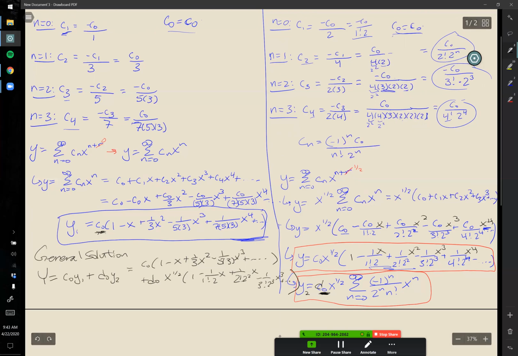I forgot the x's there, that was my fault, I was just jumping ahead. As long as you identify that this right here is like your y1, and this right here is like your y2, that's going to be our general solution.